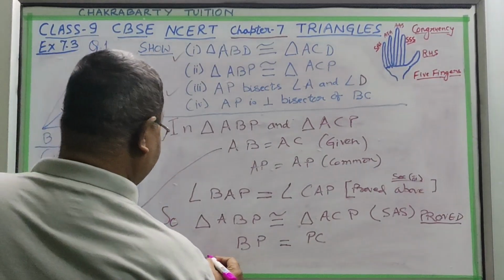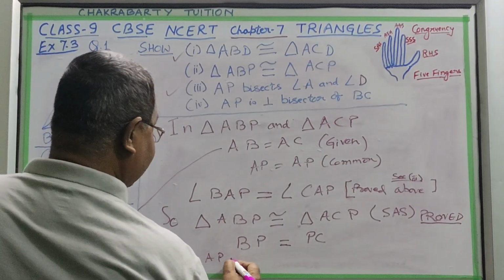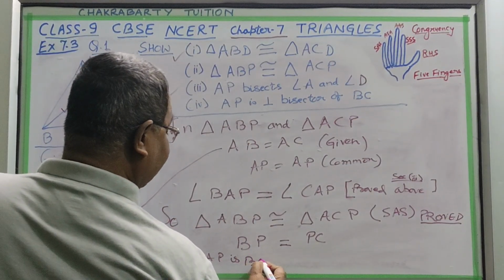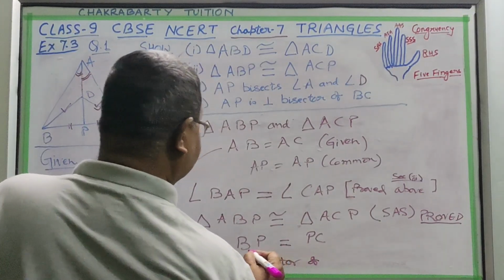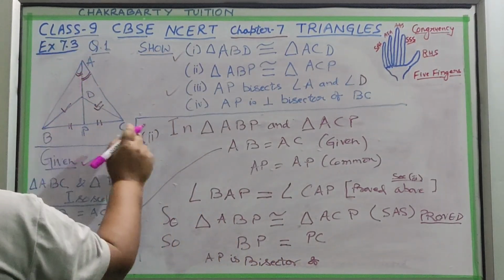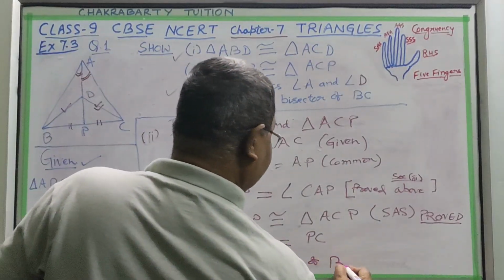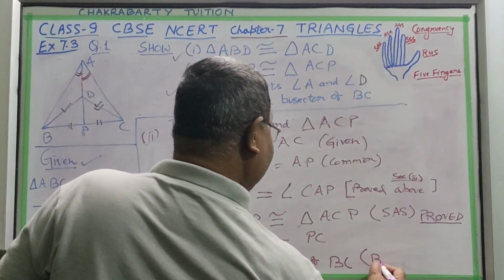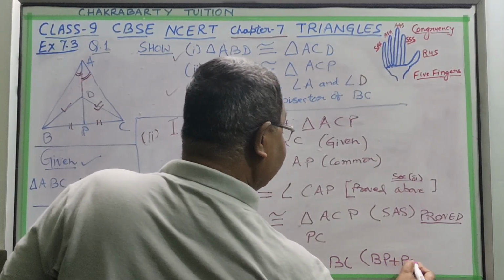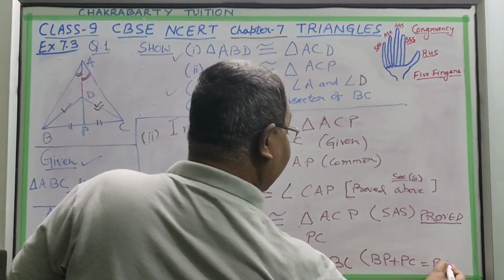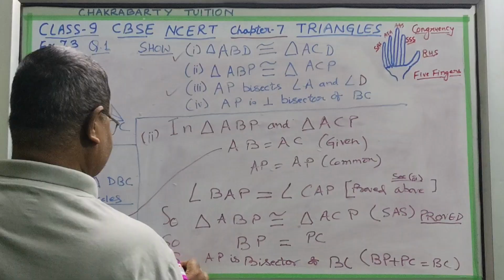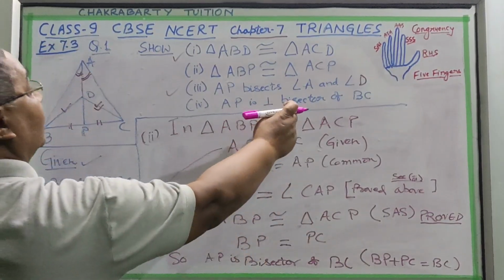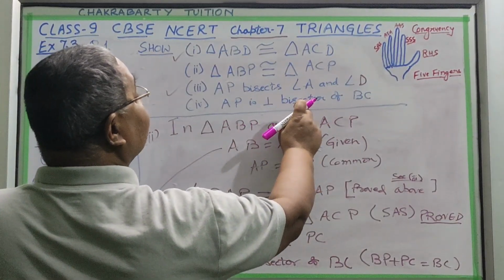It is proved, because BP plus PC equal to BC full line. So it is proved here, the bisector is proved.